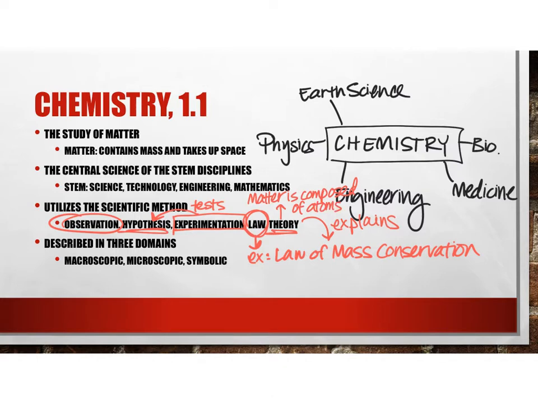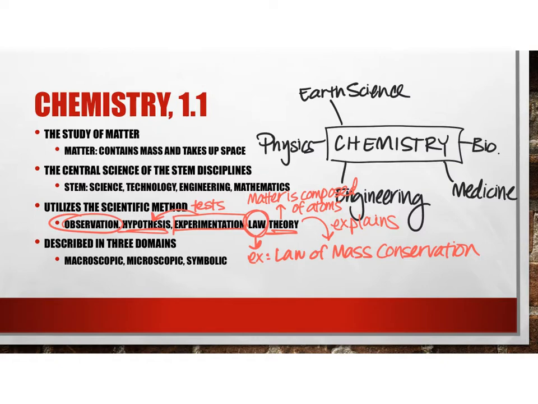This is not a law because it is explaining a law. The reason why matter cannot be created or destroyed is because it's composed of atoms, which can't be created or destroyed.